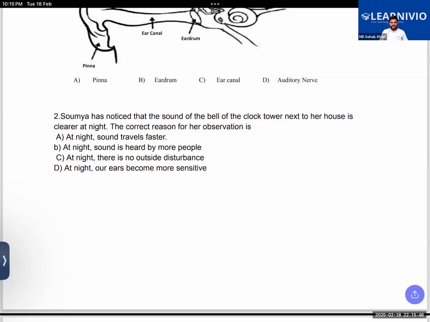Because one of the obvious reasons is that during the daytime there are so many vibrations and disturbances in the air, right? But particularly during the night there are fewer vibrations in the air, so the sound will be transmitted much more efficiently. And another fact is that it has got to do with the temperature also. So temperature also plays an important role here.